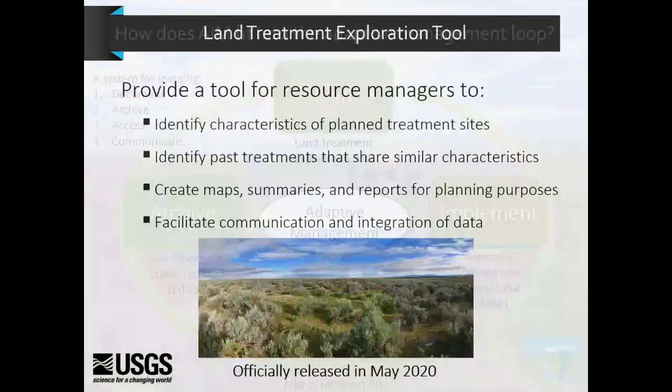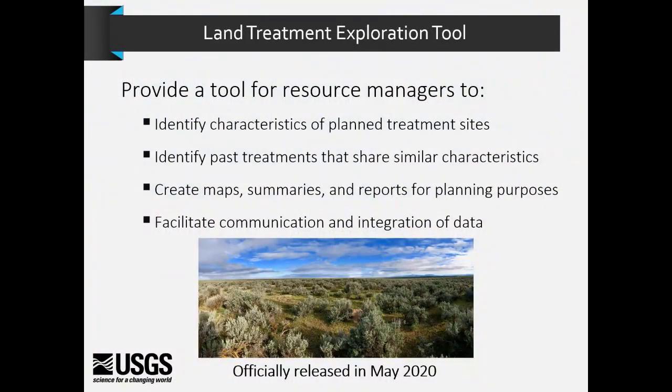So the Land Treatment Exploration Tool is a tool that was requested by resource managers and is provided for resource management. Ultimately, it identifies characteristics of planned treatment sites. It identifies past treatments that share similar characteristics. It can be used to create maps, summaries, and reports for planning purposes. But really what we're hoping is that it facilitates communication and integration of data across administrative boundaries.